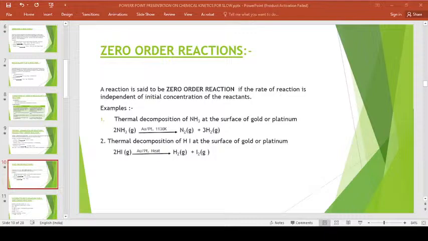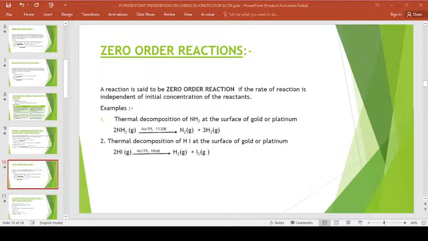So my dear students, you have to keep this graph in your mind, because in the past paper also, by giving such a graph, they ask you to identify whether it is first order or zero order.